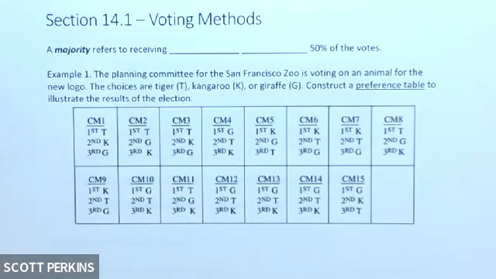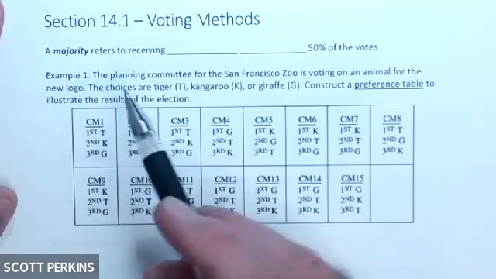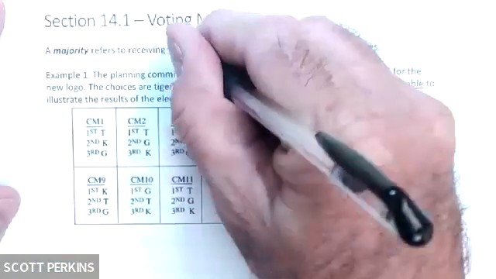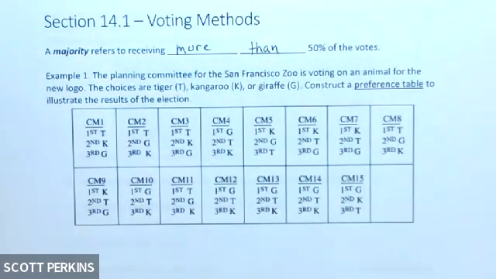There are two main voting methods we'll talk about today that are actually used in different states to determine different things. Before we get talking about voting, though, the first thing is you need to know what a majority is. I don't want you to be confused about this. A majority refers to receiving more than 50% of the votes.